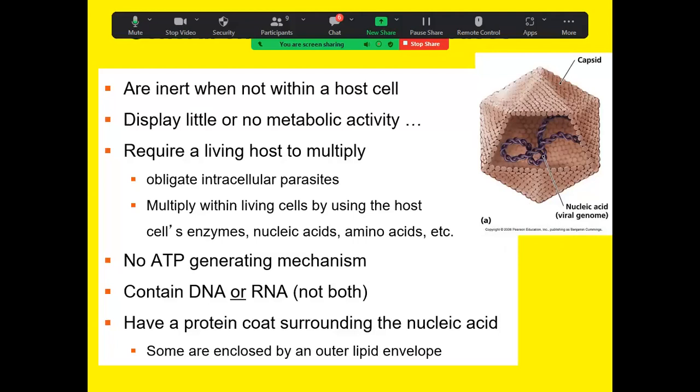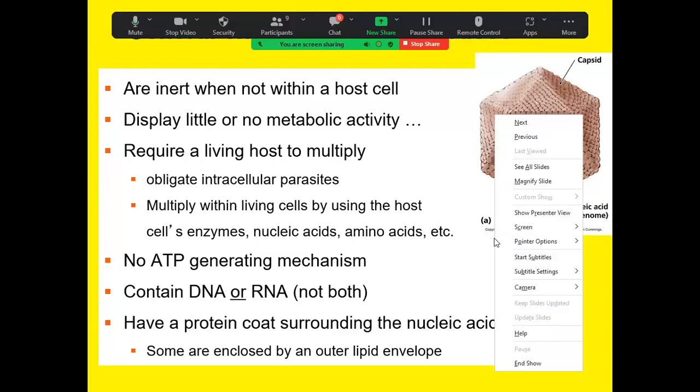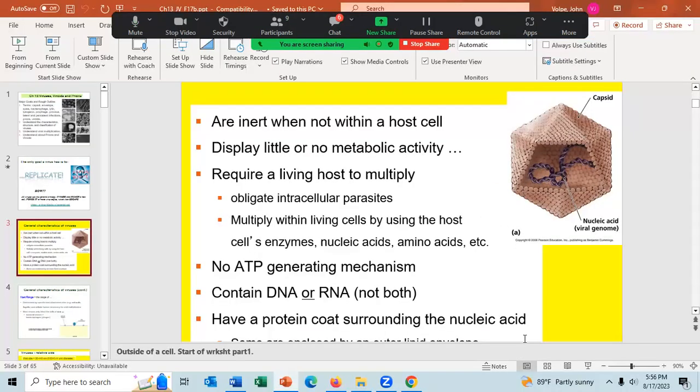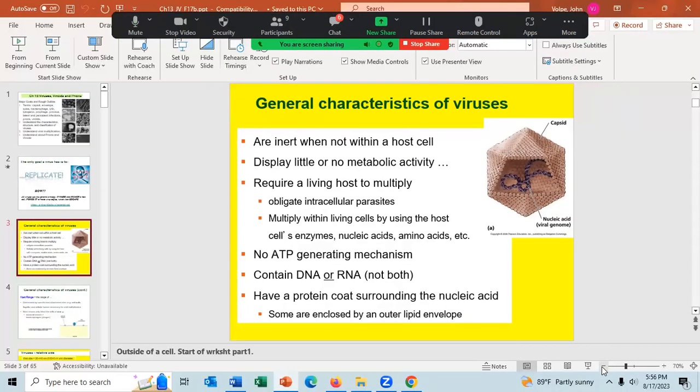Only some viruses have a lipid envelope. That lipid envelope is a lipid bilayer, and we'll talk more about that later. Any question about any of that?